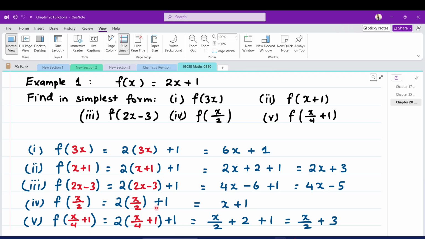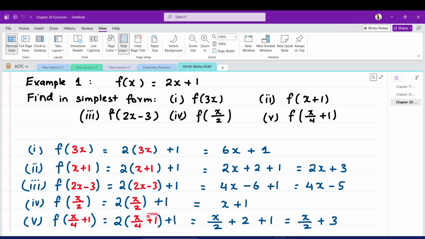One thing that you must remember is that after substituting the variable into this x, do not forget to write the remaining part of the function. Because sometimes students, what they do is, this is a different expression altogether, and we are putting an expression into the function.